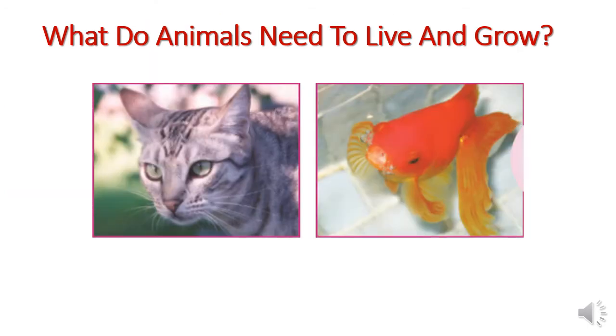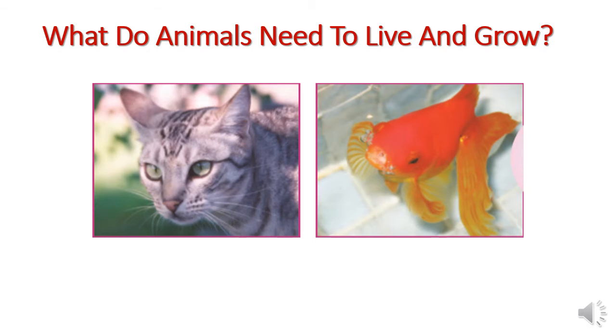Can you get the answer from these two pictures? What do you conclude here? We have a cat. This cat can live on the land, and the fish can live in the water. Both of these animals, what do they need to live?